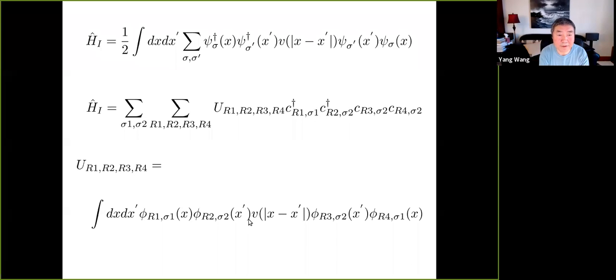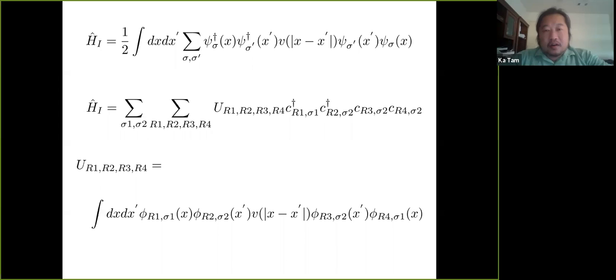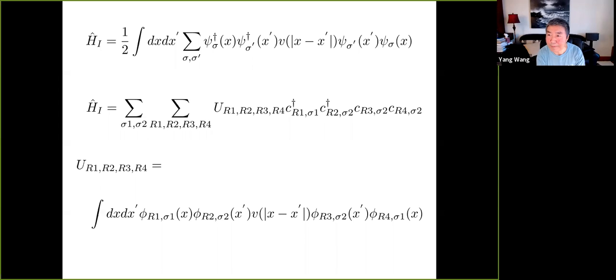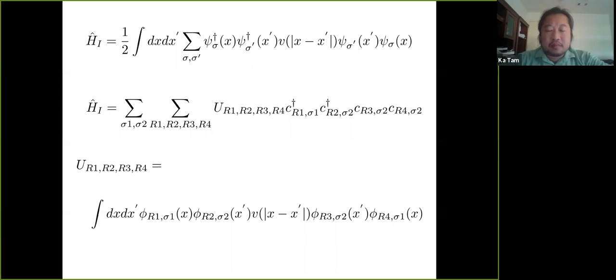Ka-Ming, this Wannier function does depend on spin, and I don't remember it depending on spin, didn't it? Well, if it depends on spin, you can put the spin part on it, but usually we don't need to consider it. But you definitely can put the spin index on it.